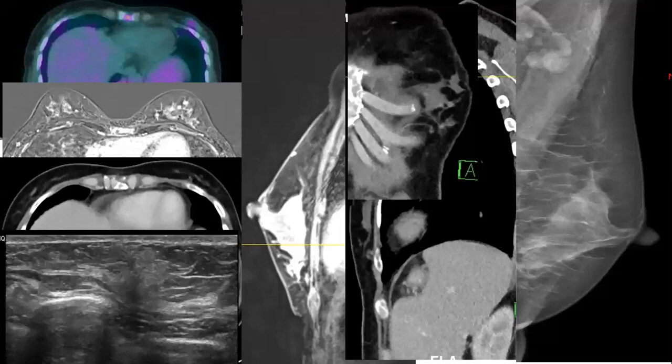So collectively, if we look here, the lesion on CT, you see, in the sagittal, coronal, and here axial, very small, and here in the bed, here on MRI, and here on ultrasound, and here on mammography. And look, having abundant fat does not exclude the lymph node from being metastatic.